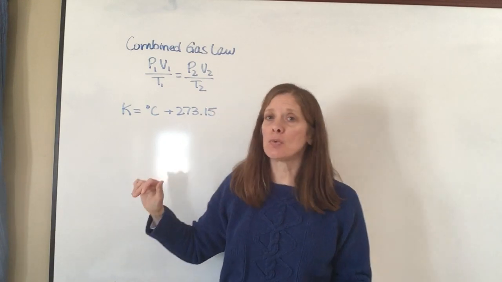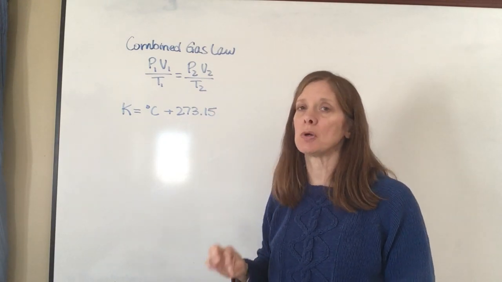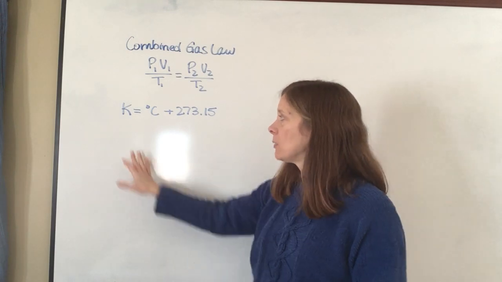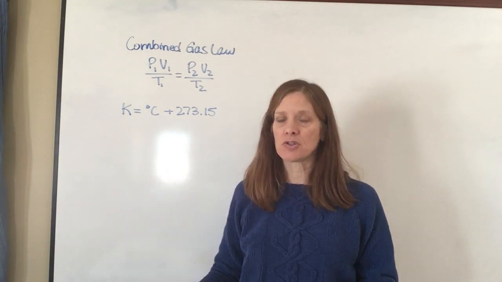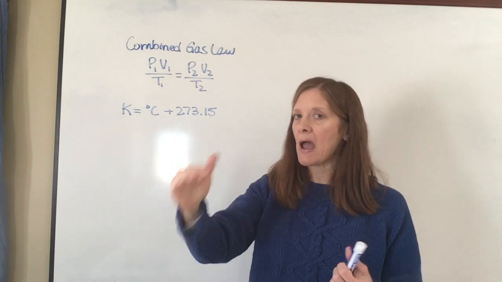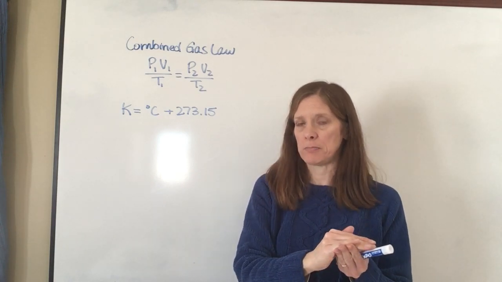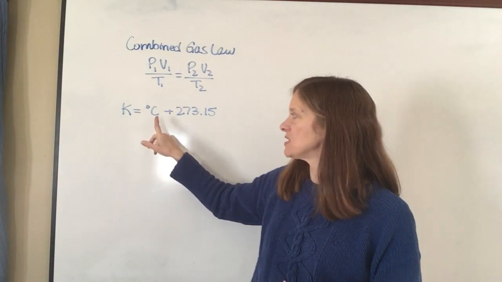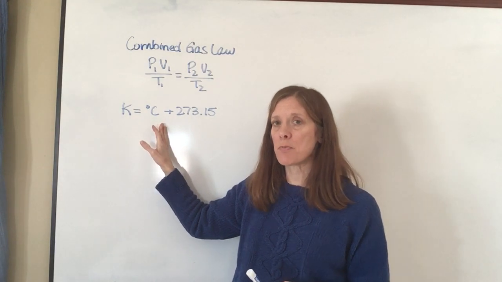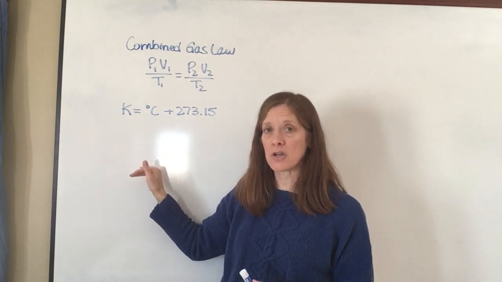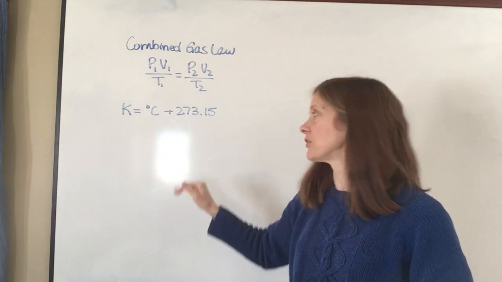So what we have to do instead is convert to an absolute temperature scale, which is the Kelvin scale. You can't actually get to 0 Kelvin, because that's the temperature which is the same as negative 273.15 degrees Celsius that I showed you on that graph the other day. And again, I know that you've read about this already.